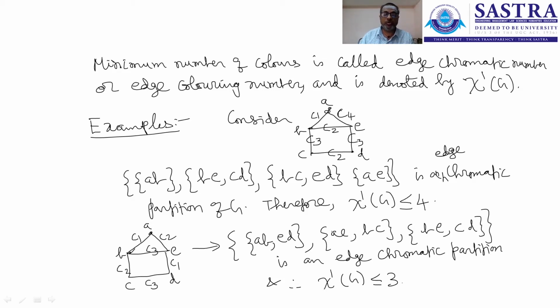If I can use 3 colors, I can also use more than 3 colors, and the maximum number would be the number of edges, that is, painting every edge with a single color. There are different techniques, but what we are interested in is finding the minimum. I have not written equal to, because even though I have given a chromatic partition, I have written it as less than or equal to.